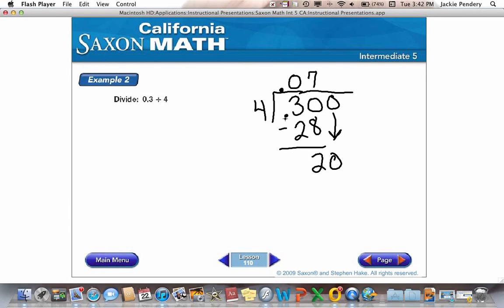Bring down that 0. 4 goes into 20 5 times. 5 times 4 is 20. And now when I subtract, I have 0, and this 0 here tells me that I'm finished. So my answer then is 75/1000ths. All right? Okay, let's look at example 3.